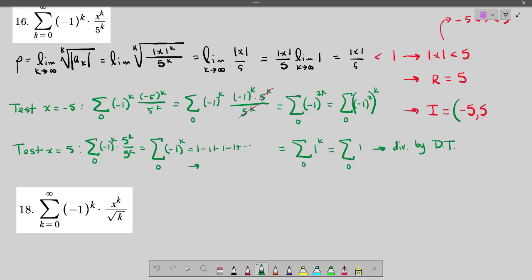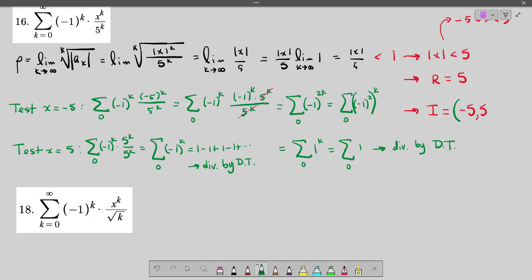So this is going to diverge by the divergence test because the limit of a sub k is not 0. The only way we have a chance for convergence is if the limit of a sub k is 0. If the limit of a sub k is not 0, then we can conclude right away that there's divergence.